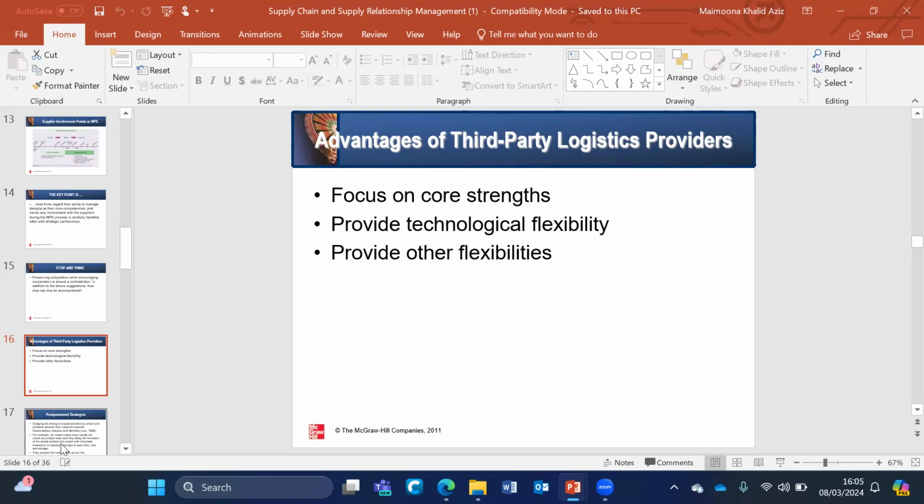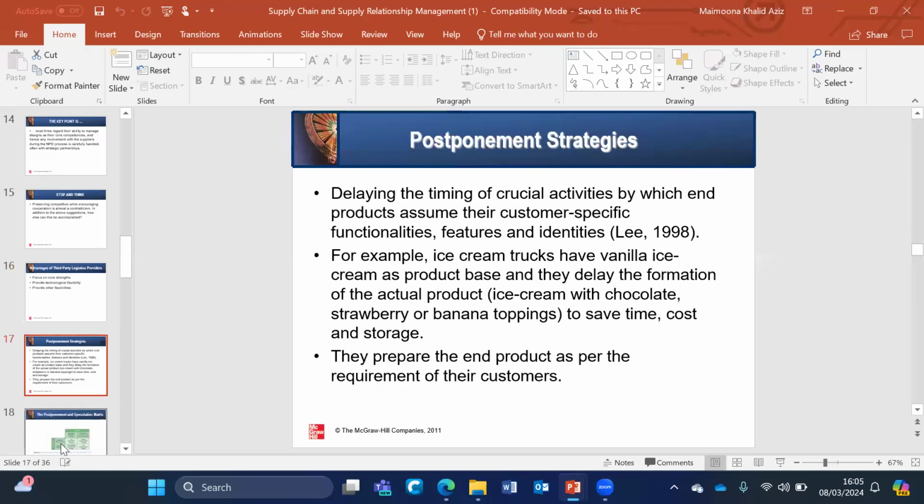The next one, it could provide technological flexibility. That means it would give you a flexible environment in terms of technology, because even if you don't have the latest technology, your third party company that you've outsourced it to will, and that would give you a lot of options, and it would give you a lot of other flexibilities as well.